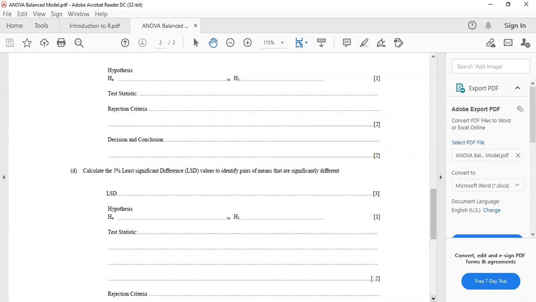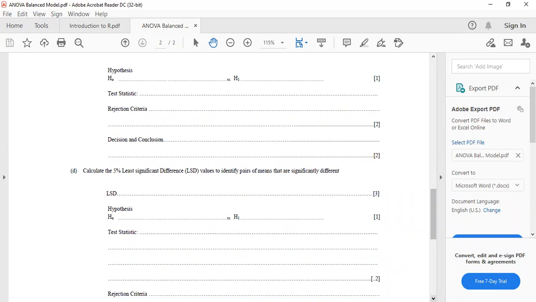Sorry, before we set the rejection criteria, what is our hypothesis under LSD? Under LSD, we're now specifying it as mu 1 minus mu 2. If we are comparing brand 1 and brand 2, H naught is mu 1 equals mu 2, and the alternative hypothesis will be mu 1 is not equal to mu 2.